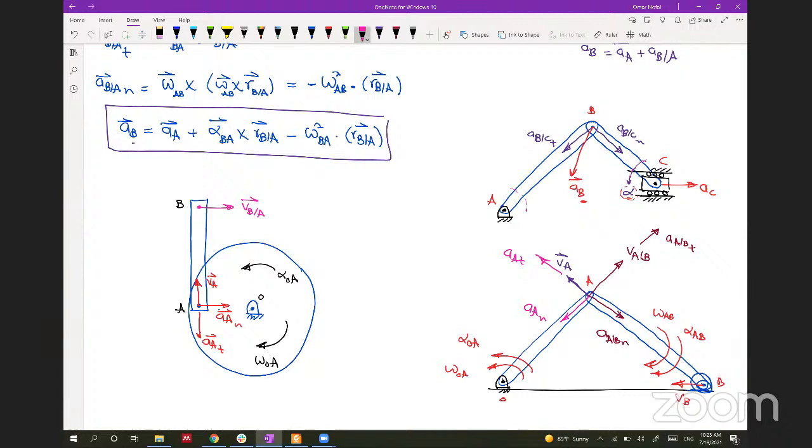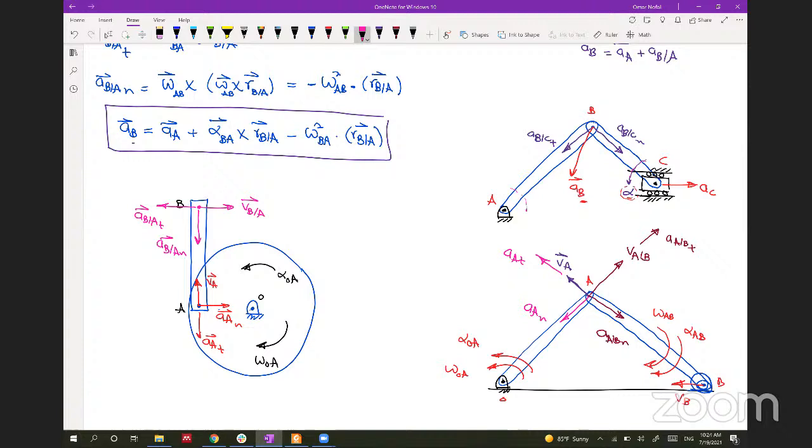How about the alpha, to get the tangent acceleration at B? The tangent acceleration of B with respect to A, because alpha OA is in the opposite direction, will be something like this. And the normal will be something like that, so this is the normal and this is the tangent. So we mapped the acceleration of B with respect to A.